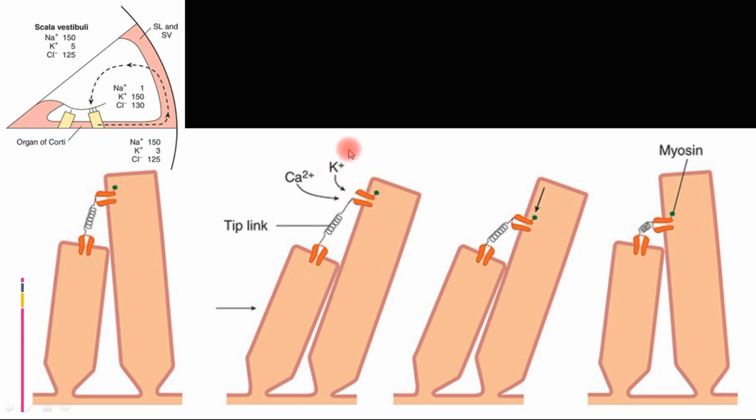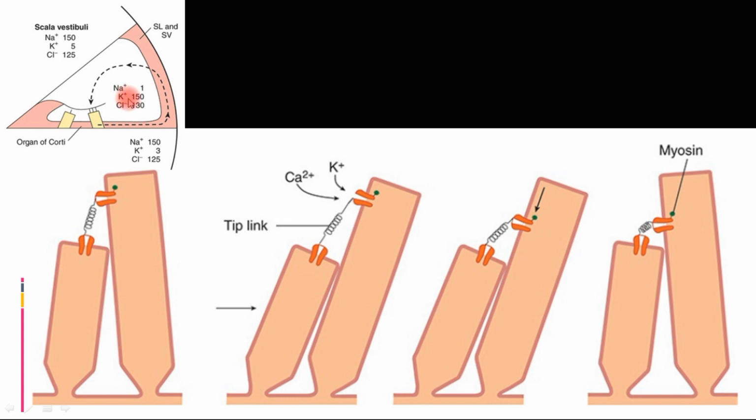Usually the ion which passes inside to cause depolarization in these hair cells is the potassium ion. Why is potassium important, not sodium? Because in the environment surrounding the hair cell, in this case the endolymph, the potassium ion concentration is high and the sodium ion concentration is very low.